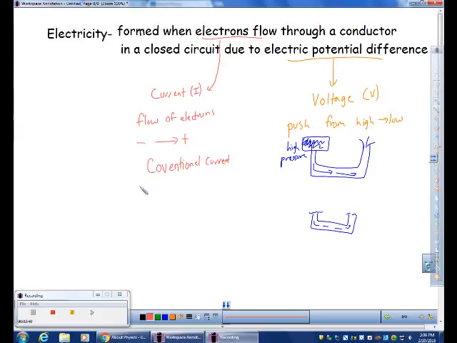So conventional current actually runs opposite of the actual realistic flow. Conventional current would be the flow of a charge from positive to negative. So we're essentially saying here that protons are the things that are flowing. Now, we know that protons are not the parts that are moving, that it's electrons that are moving.